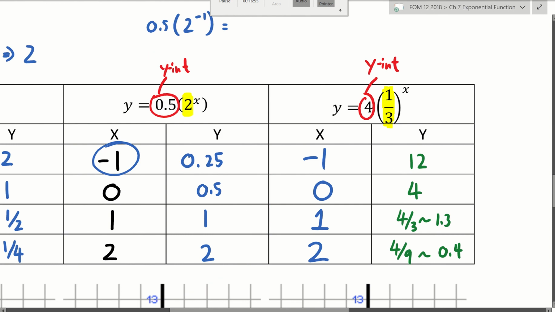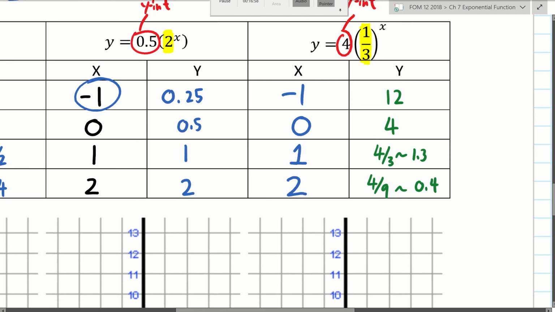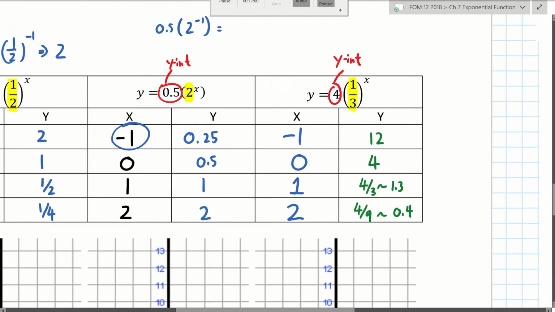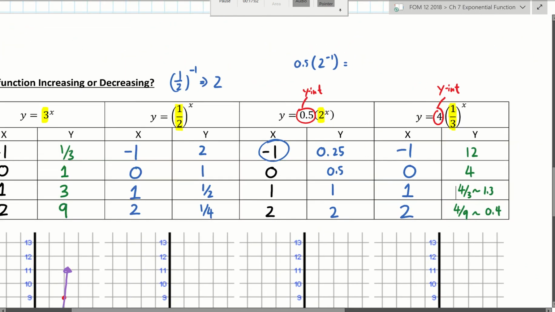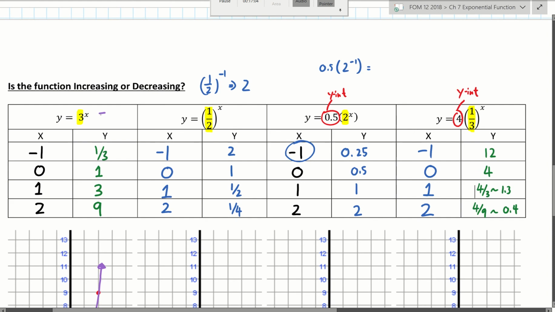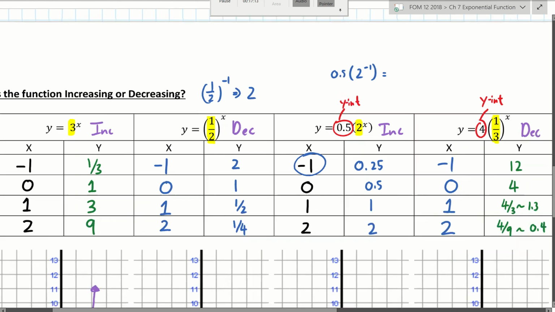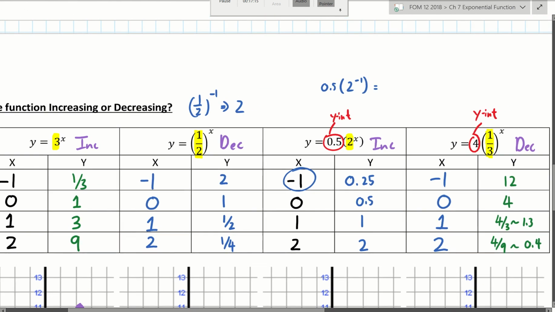So I think that's our pattern. So for this 4, we have an increasing one, a decreasing one, an increasing one again, and a decreasing one again. And the only difference between them that you can tell is the base.